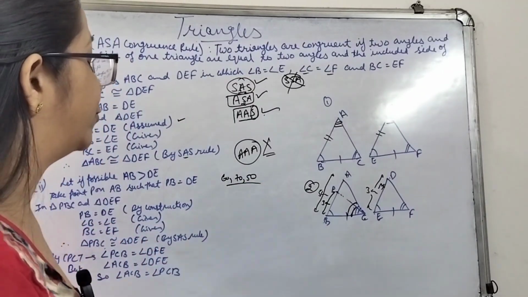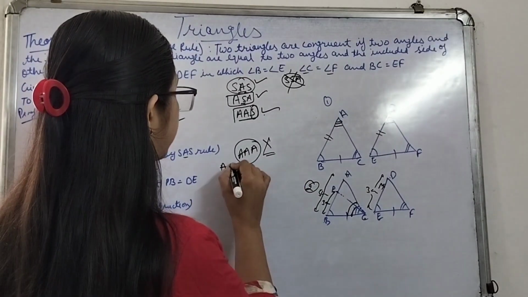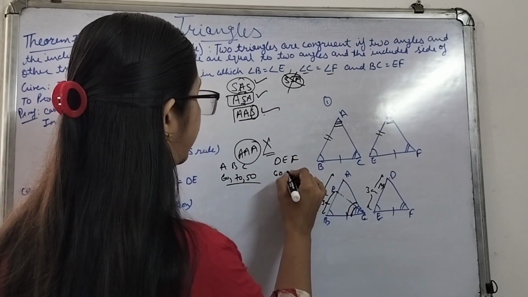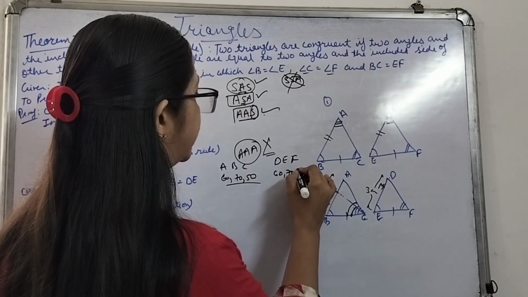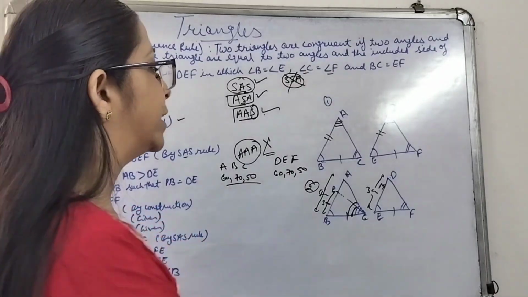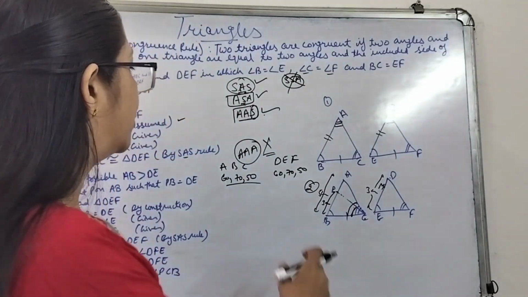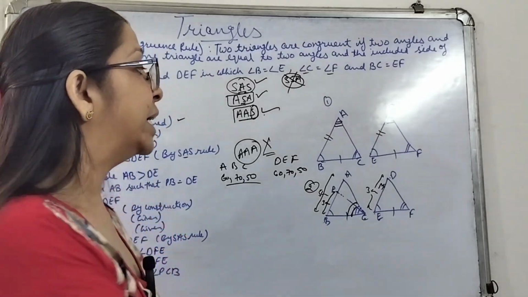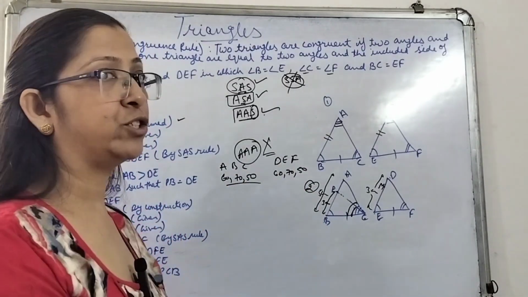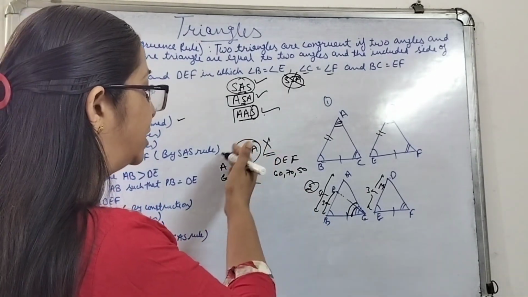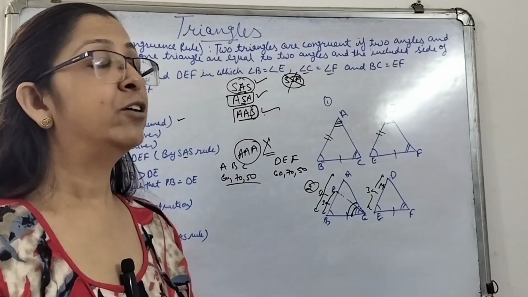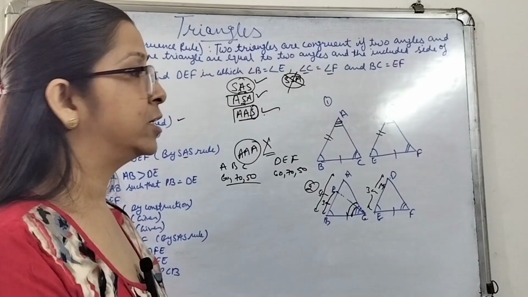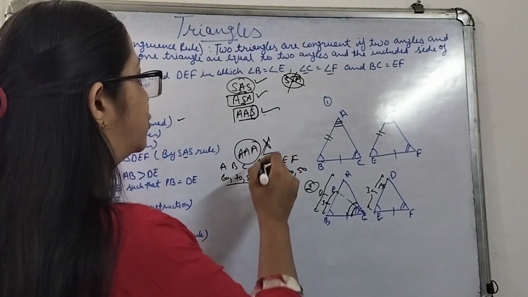Say the vertices are ABC and DEF, and again the measures are 70, 60 and 50 only. More than infinite triangles could be formed with these angle measurements. It is not a unique formation. We can make so many triangles with these angles. That's the reason AAA does not work.